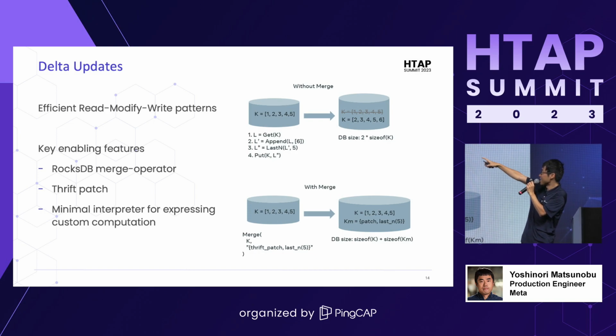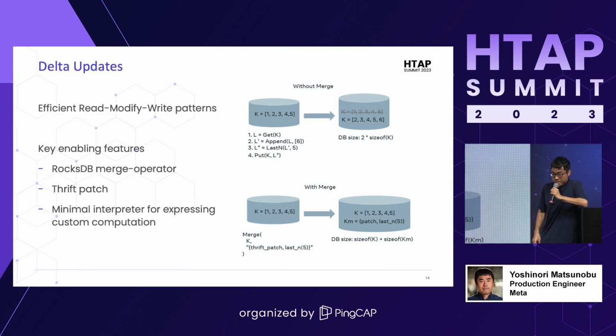The key k has the values 1, 2, 3, 4, 5. And if you want to append 6 to that, the last n becomes 2, 3, 4, 5, 6. If you retrieve that and write it back, then the entire last n has to be returned and updated again. So that causes big write amplification and network round trips.